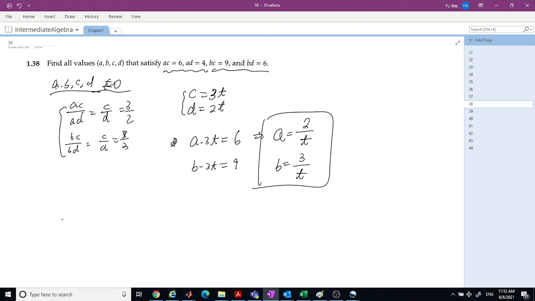So then the solution will be 2 over t, 3 over t, then C is 3t, then D is 2t. So A, B, C, D is equal to this with t not equal to 0.